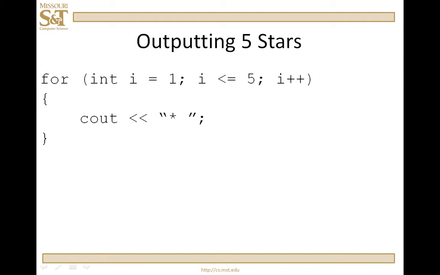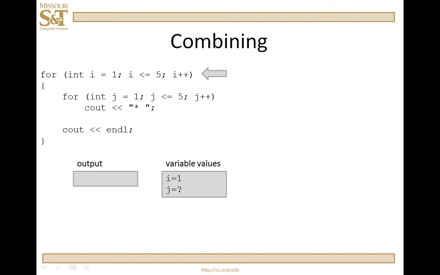Okay, how do I output 5 stars? Likewise, I'm going to create a counter that runs from 1 to 5, incremented by 1, and then a cout statement that's going to output just a star and a space. Okay, now, if I put them together, combining them, I have what I call an outer loop.